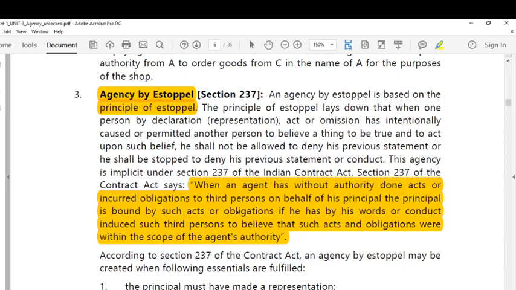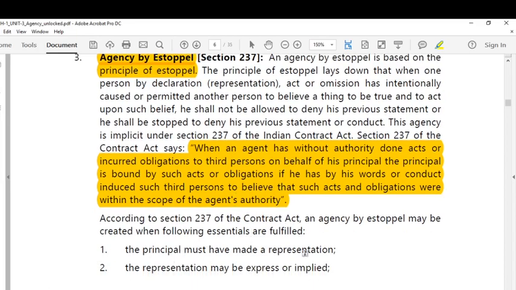So if the actions or the words of the principal give the third person faith that so and so is the agent of the principal to do certain actions, then whatever actions the agent does with the third parties, such cases come under agency by the principle of estoppel, right?